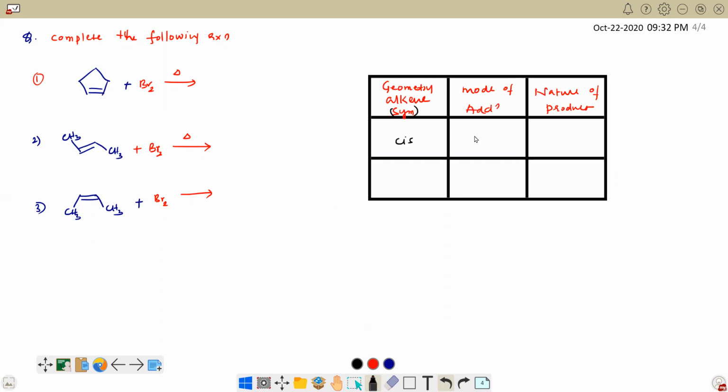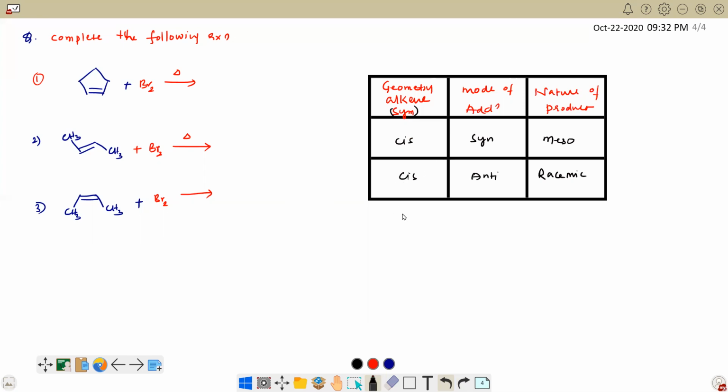You know, addition is syn addition. Product is meso. And opposite you can take here: cis alkene, anti-addition, racemic mixture. Even you can write for trans also, same thing.